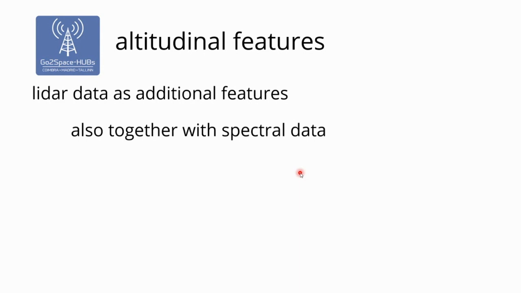For example, we have a problem with classifying a building with a roof covered with tarmac, and there is a road covered with tarmac as well. They look the same spectrally, but when we take this altitudinal data, the height of the object, we can easily say that the high one is a building and the low one is a road. So this is how it works.